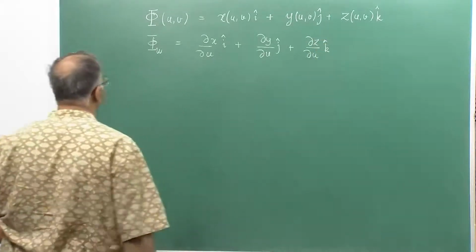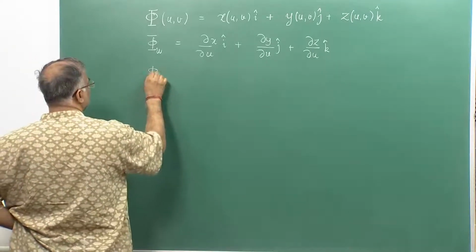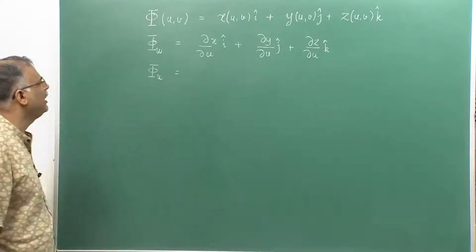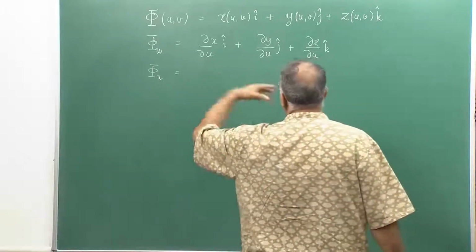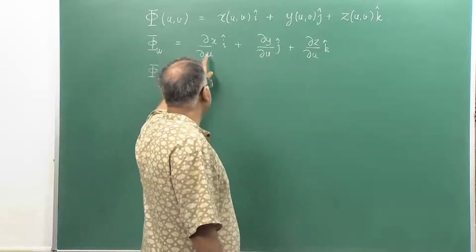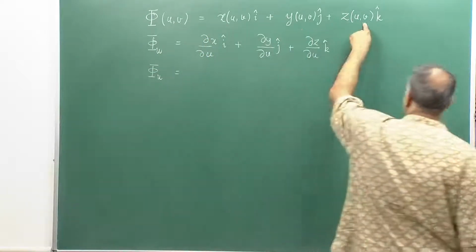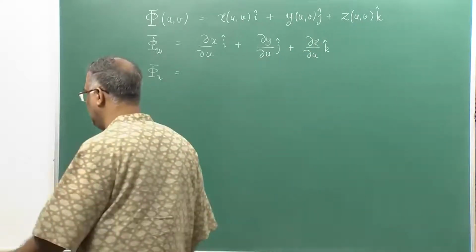Similarly, you know what phi v is. It is a vector of partial derivatives, kind of a gradient, not exactly, but in the sense that you take the partial derivative of this, this and this, and form a vector in terms of u, and that is phi u.